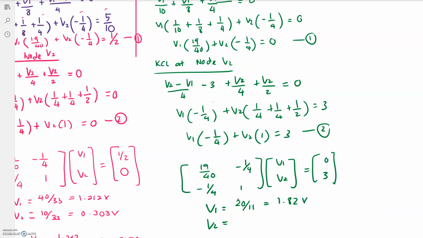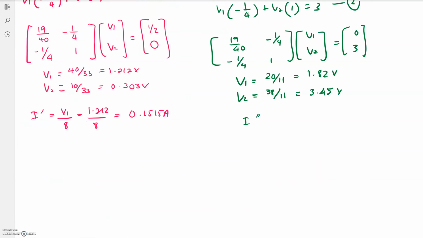And V2 is 38 over 11, which is 3.45 volt. I double prime will be V1 over 8, which is 1.82 over 8, which is 0.2275 A.